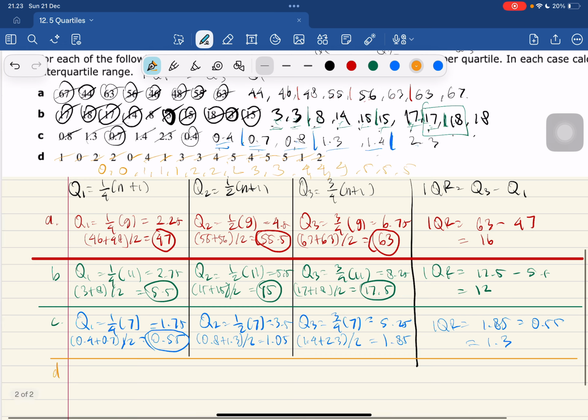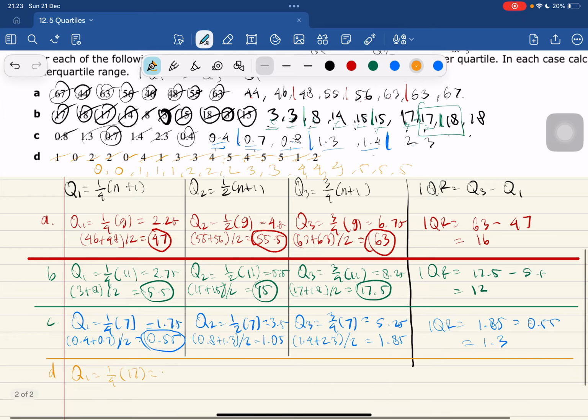Okay, 16. So Q1 is 1 over 4 times 16 plus 1, which is 17. We find 17 divided by 4 is 4.25. Let's find it: 1, 2, 3, 4, here the mean is 1. So Q1 is 1.